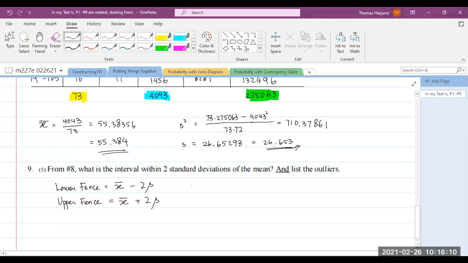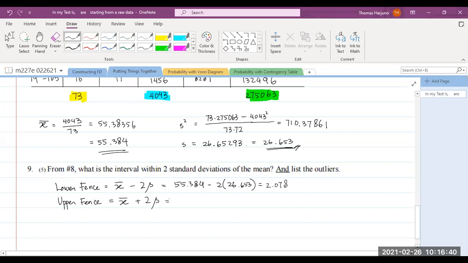So when I compute this, it is 55.384 minus 2 times 26.653. What's that? I get 2.078.